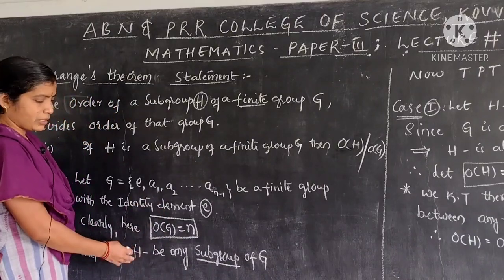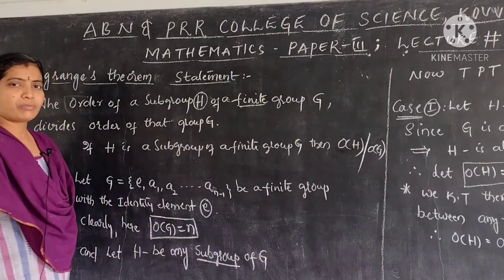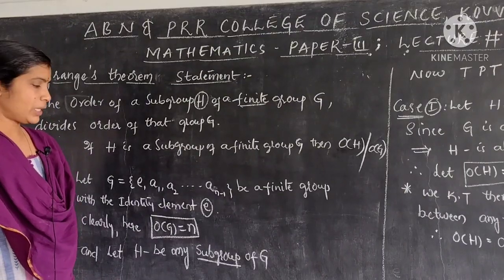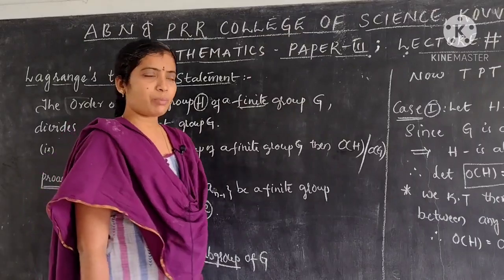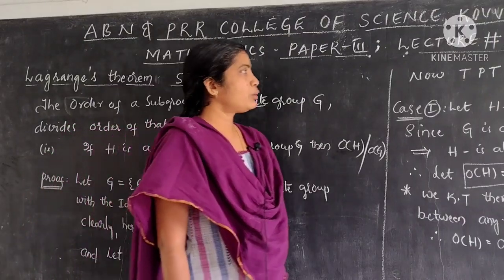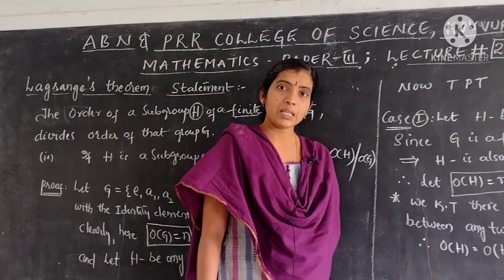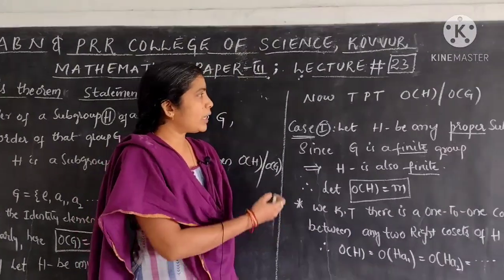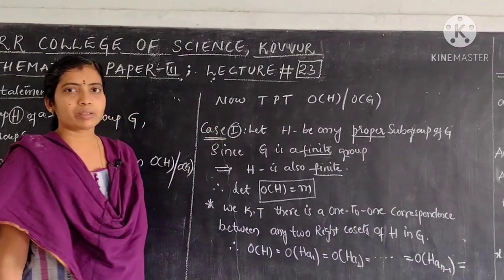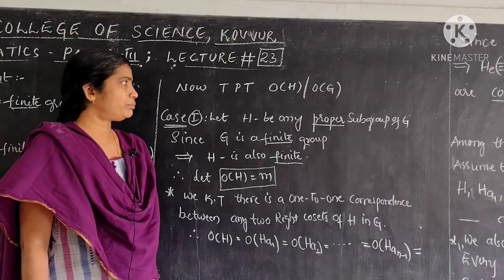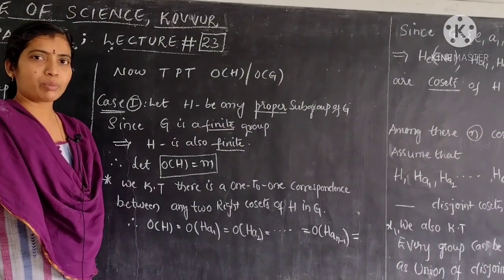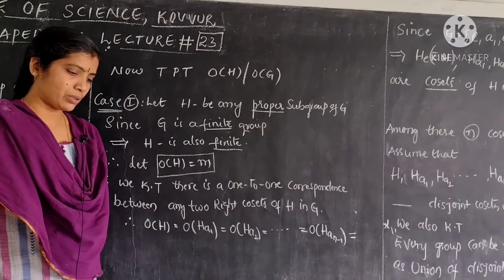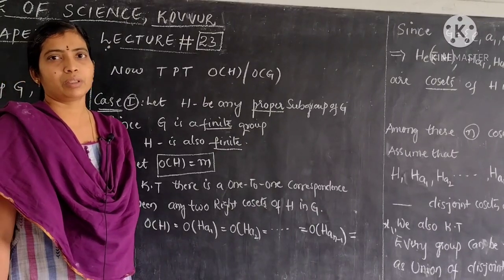Now let us consider H to be any subgroup of G. Whenever it is a subgroup of G, how many kinds of subgroups are there? There are two kinds. In each case, we want to prove that the order of H divides the order of G. What are the kinds of subgroups? They are nothing but proper subgroups and improper subgroups.